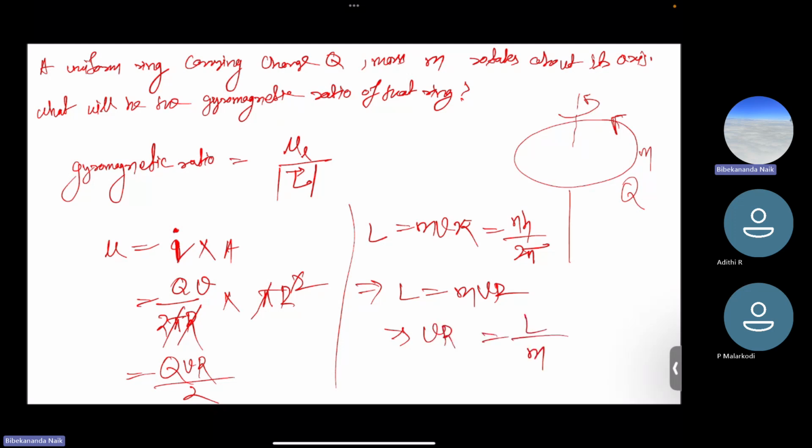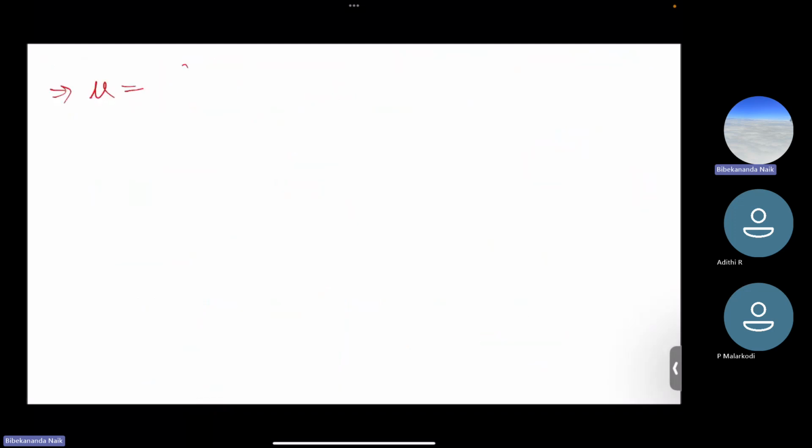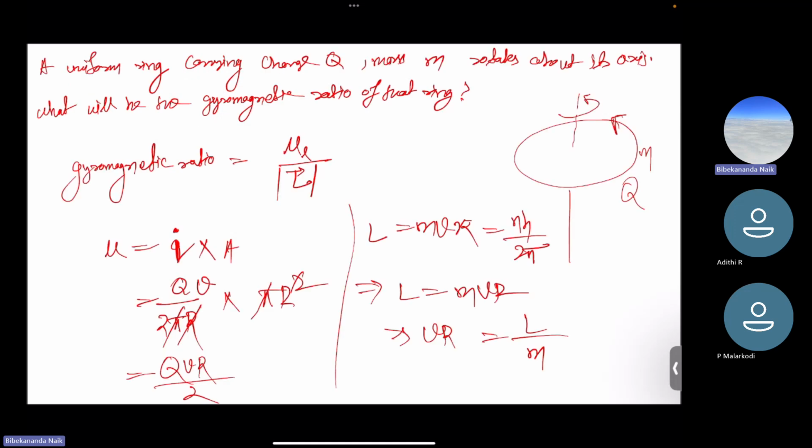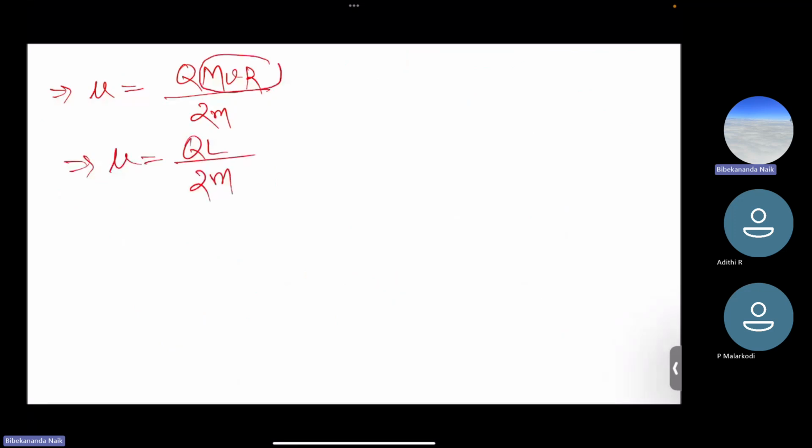So mu is equal to q times mvr by 2m. So mvr is angular momentum, this mvr is L. So mu is QL by 2m, or mu by L is Q by 2m.